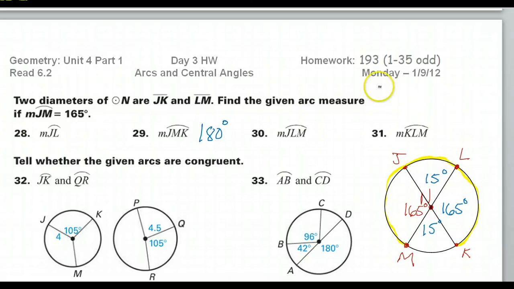If I do 360, which is the whole circle, minus 15, that should give me the answer here. It's the whole circle except for 15 degrees. So that's 345 degrees. Okay, kabam. That's how you do that.